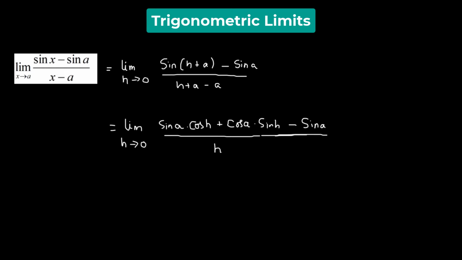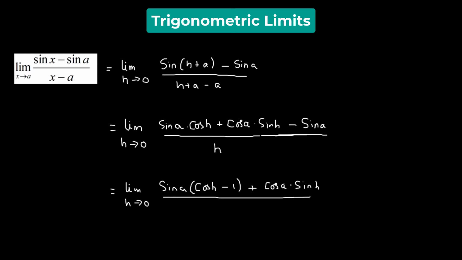Now what we're going to do, we're going to take sine a common from the first term and the third term. So we'll get limit h tends to 0, sine a common factor, so we have cosine of h minus 1 plus cosine of a times sine of h divided by h.